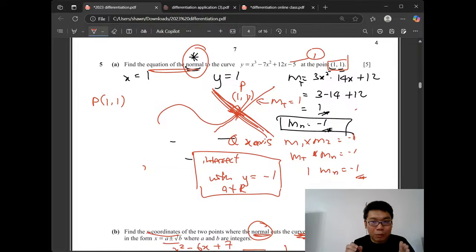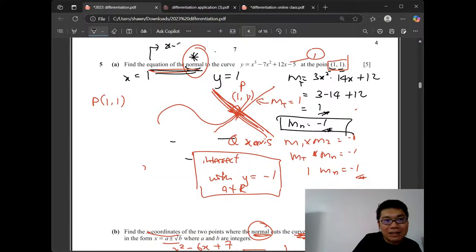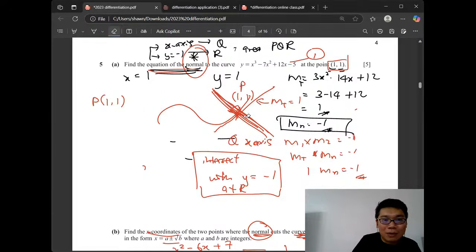I repeat one more time because this is the question that I additionally add in: this equation of normal will meet the x-axis at point Q, then meet y equals -1 at point R, and then ask you to find the area of PQR. Okay, then what should you do?